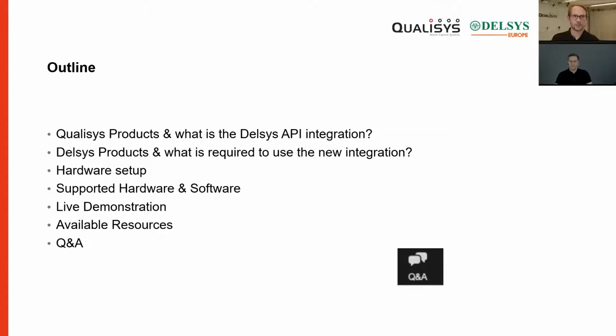Then Steven will also show us the hardware setup. And then we'll take a look at what hardware and software is supported with the integration. We then move on to a live demonstration of the whole setup. Take a look at available resources for you to learn more about the integration and about how to use the two systems together. And at the end, we try to make sure to have plenty of time for your questions.